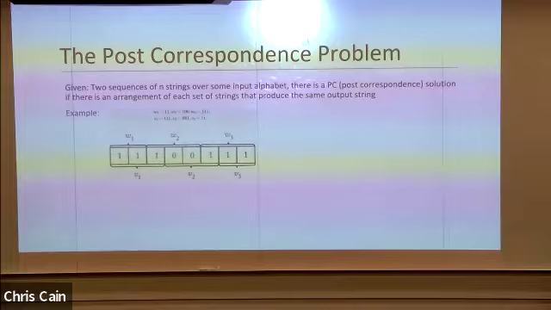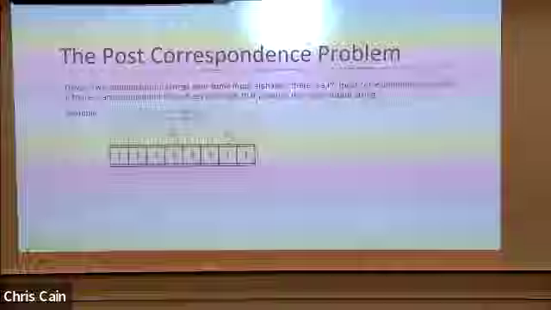As an example, here we have 2 input strings broken down into 1, 1, 1, 0, 0, and 1, 1, 1. That is the first sequence. And the second sequence is 1, 1, 1, 0, 0, 1, 1, 1. Now the question is, is there some combination of these strings that produces the same output string?